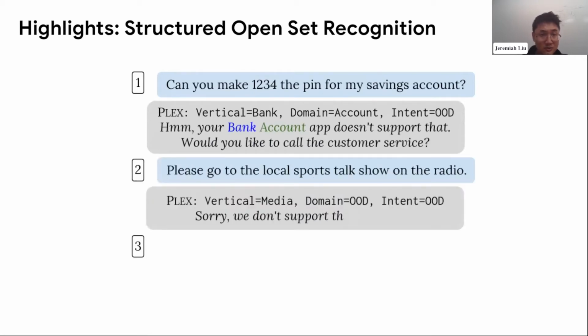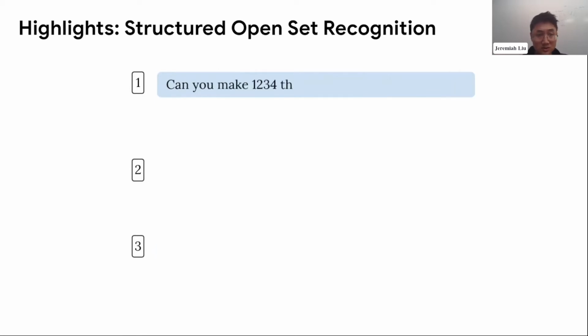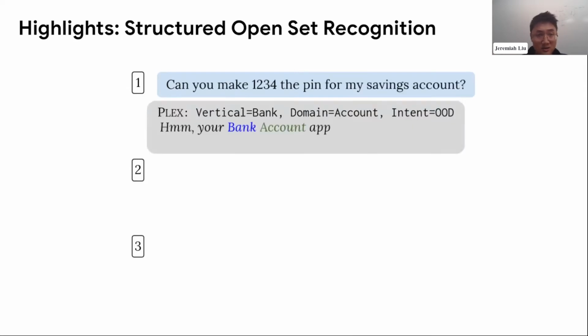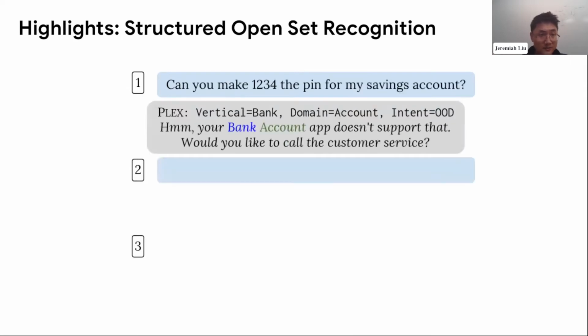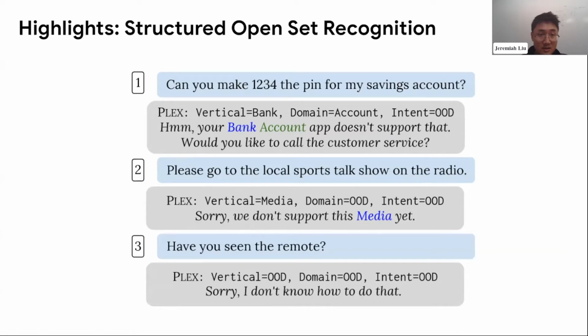You can use this information to produce more tailored clarification questions to continue the dialogue. For example, here the bot is able to say, we don't specifically support this action. Do you want to call, say, customer service for the bank account app? Next slide, please.